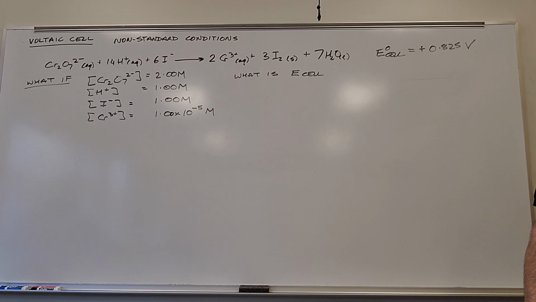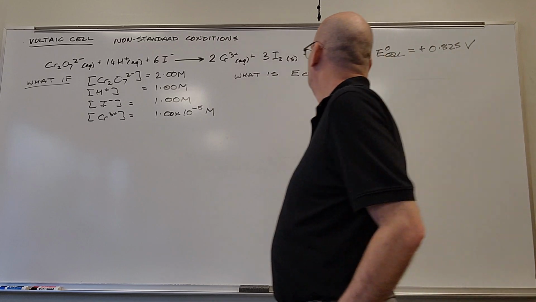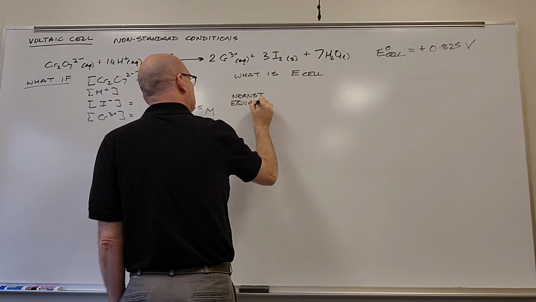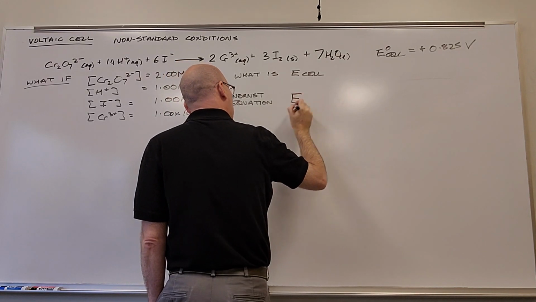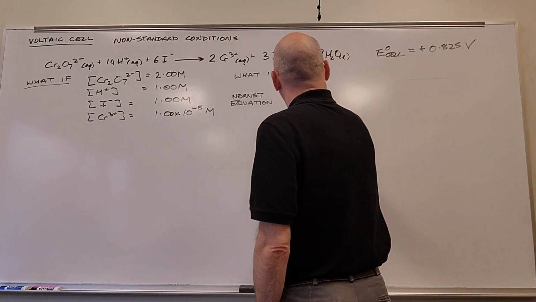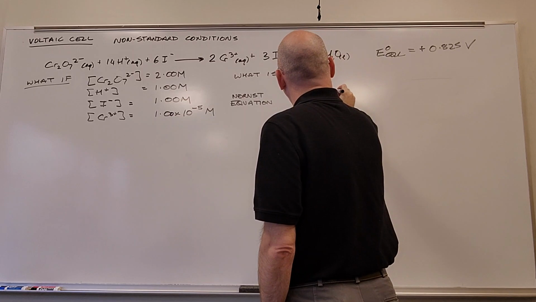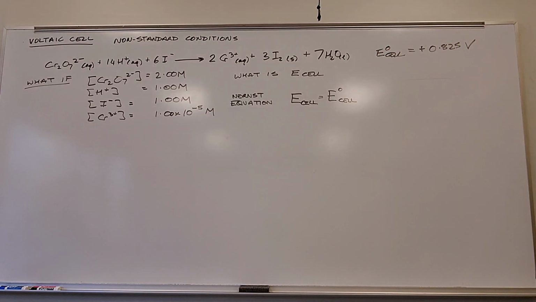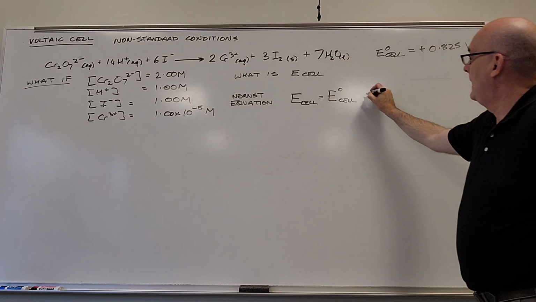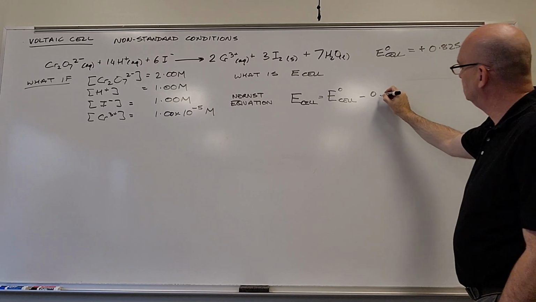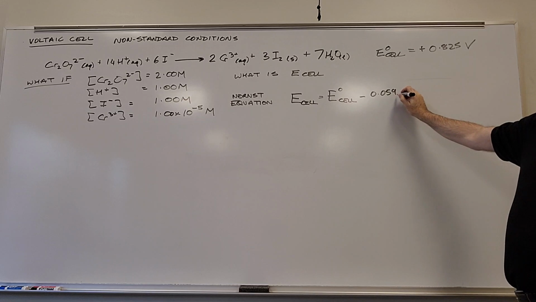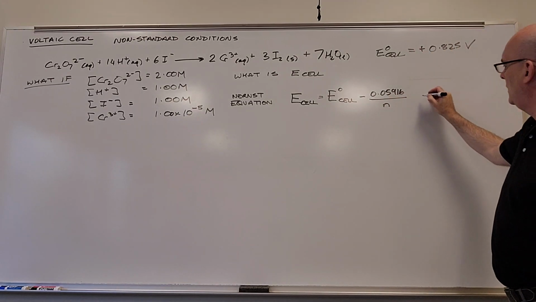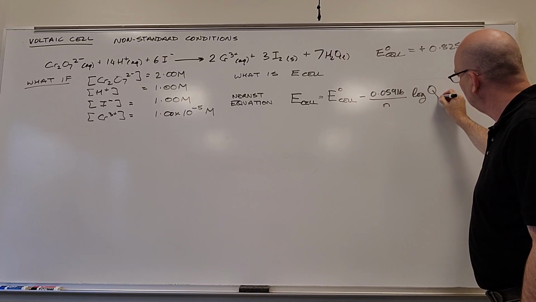And the Nernst equation tells us that the value of a cell potential at non-standard conditions is the value of the standard cell potential minus 0.059 over n, sometimes we just round that up to a 2, log of Q.